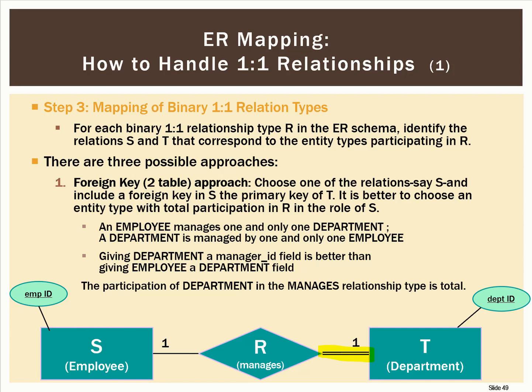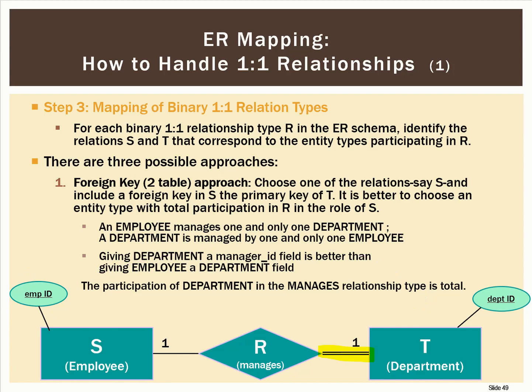That means that every single department will have an employee who manages it. So if we were to take the employee ID and put it in the department table, that might be a good idea because every single department would have a value for employee ID. In this way, you minimize the number of nulls. In fact, you would have no nulls since every single department has an employee manager.